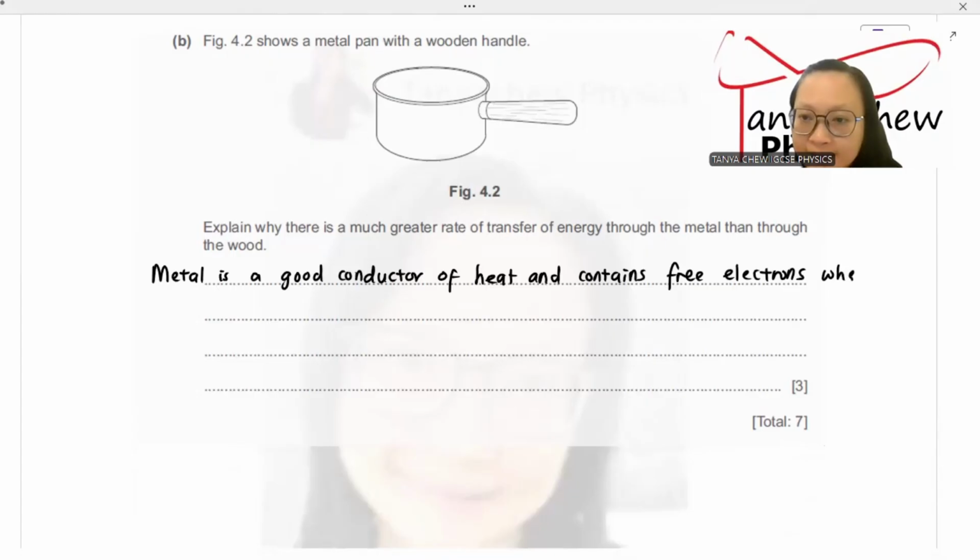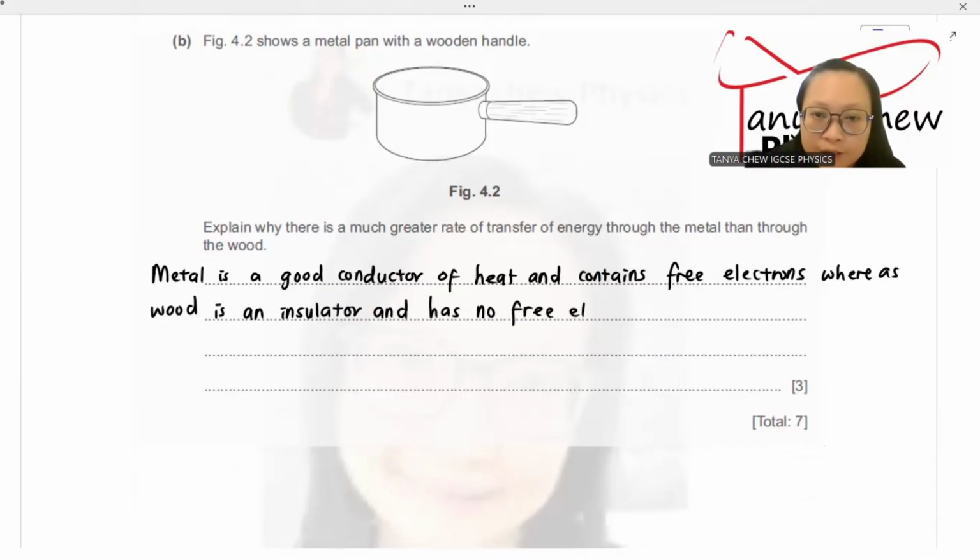Okay, I compare between the two first before I explain. Whereas wood is an insulator and has no free electrons. That's the difference between metal and wood.